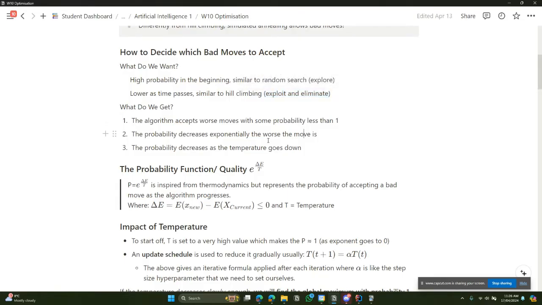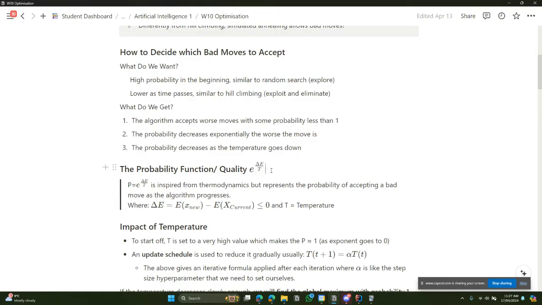Basically, in this stage, temperature decreases gradually, but at one stage it will be quite low. And what this means is the probability function starts getting lower and lower, because temperature is the denominator of the exponent. As temperature decreases, the exponent increases, right? Which would mean it would go from e to the zero, which is what it started off as, to e to the 0.1, 0.2, 0.3, and so on.